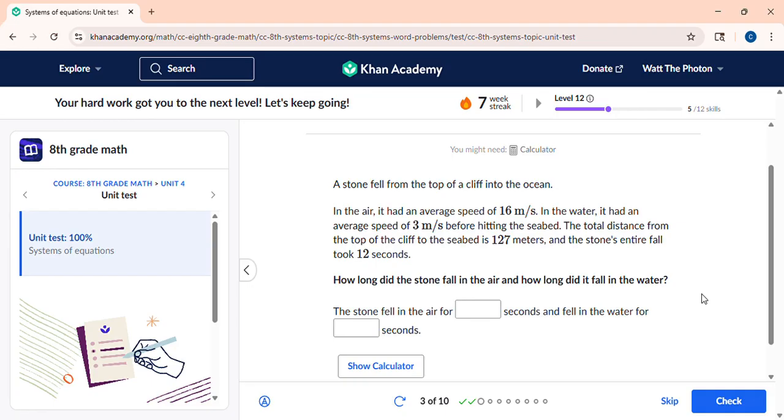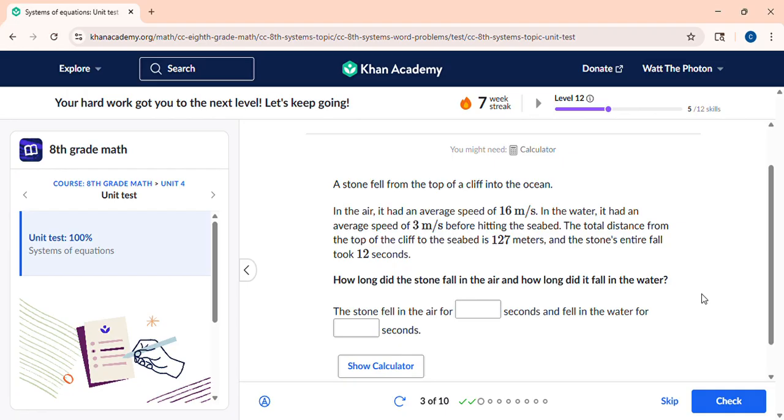And we have 16 and 3. 16x plus 3y, divided by, was it 12? That's 127 is equal to 16x plus 3y.